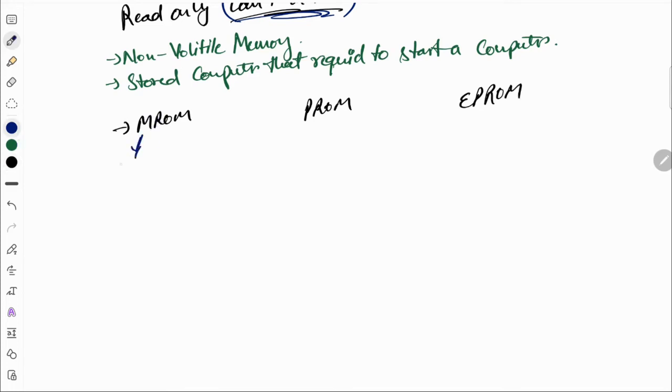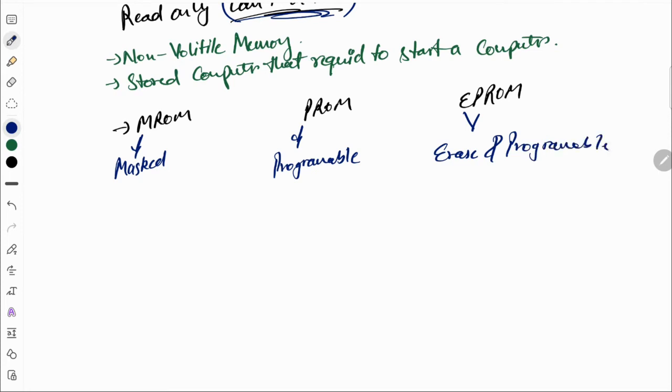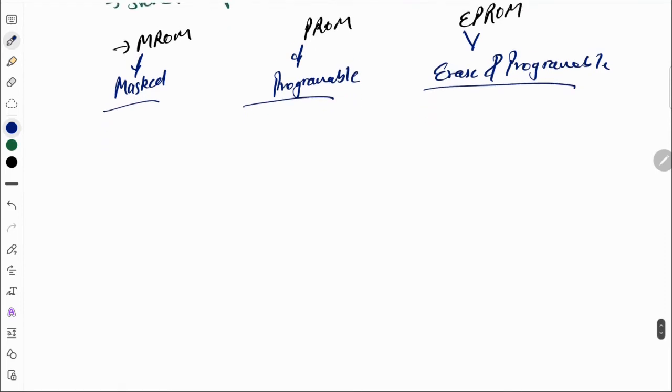M means masked, P means programmable, EP means erasable and programmable. What do these three ROMs mean?